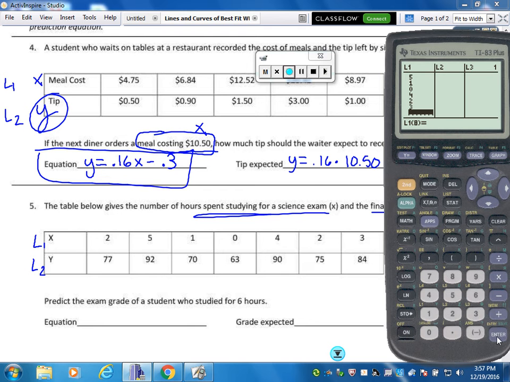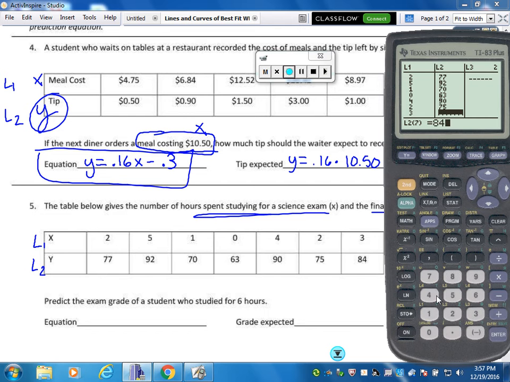Now I'm going to go over here, make sure I get L2 lined up perfectly. So 77, 92, 70, 63, 90, and 75 and 84.